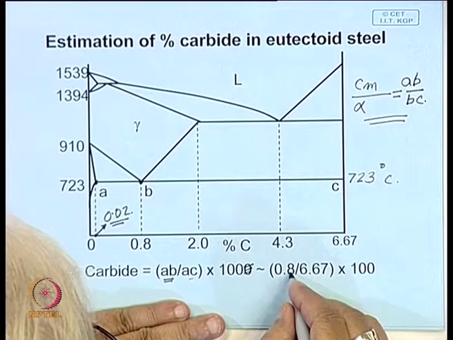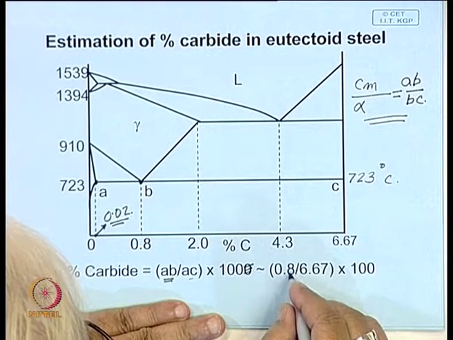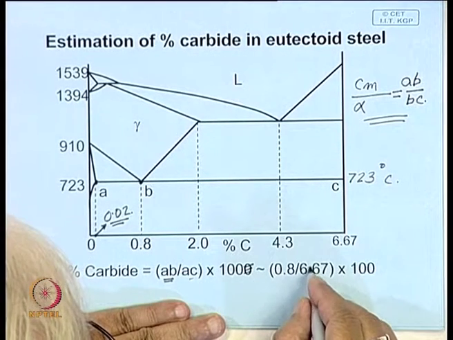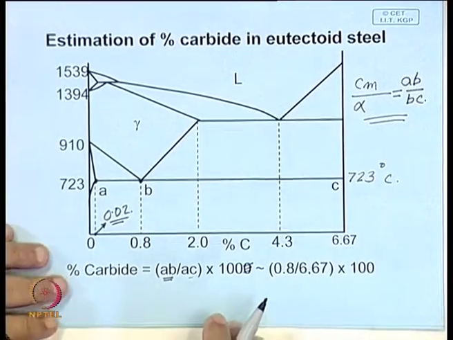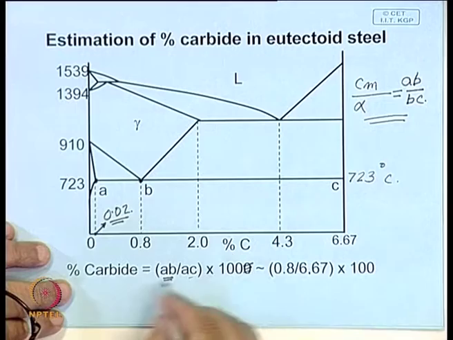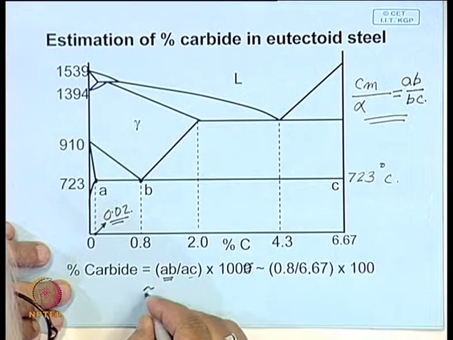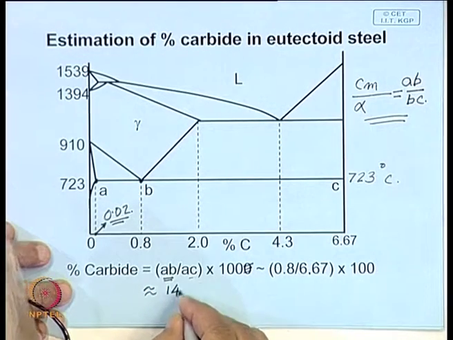This will be around 0.8 over 6.67, times 100, and you can calculate it out, and it may come around 14%.